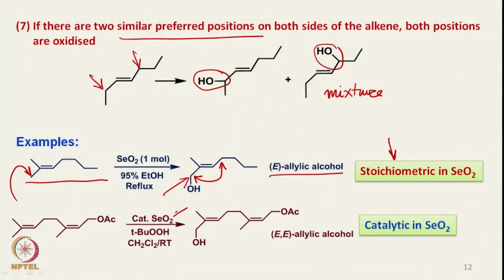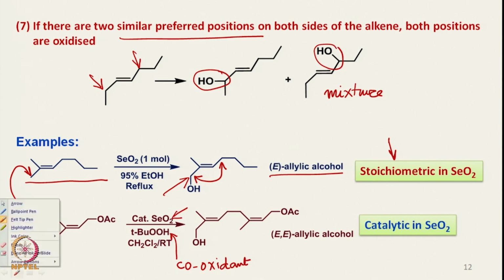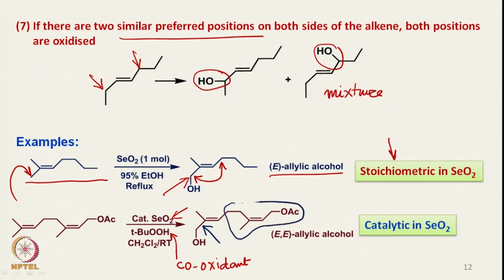For this purpose, a catalytic amount of selenium dioxide is used along with a co-oxidant, which is tertiary butyl hydroperoxide. It is a co-oxidant, and that also gives a similar type of introduction of the hydroxy group on the disubstituted side, and of course trans to the other side of this double bond.